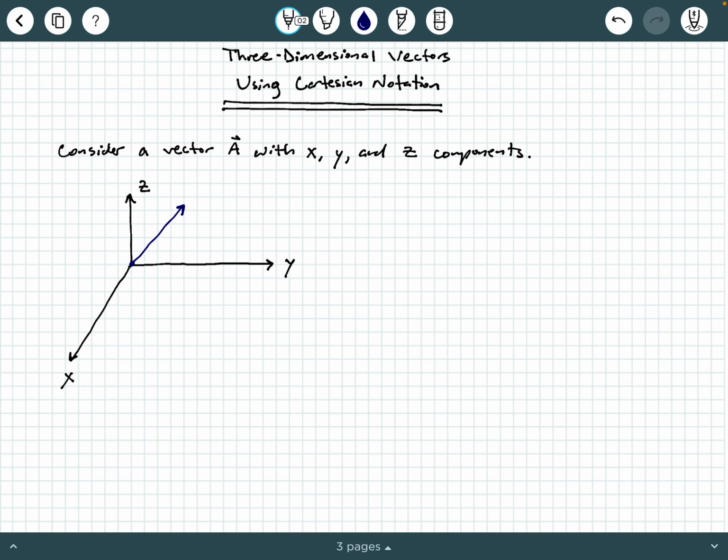Now, how is this going to look like it makes some kind of sense in 3 dimensions? Well, let's call this vector A and give it a name here. So what we're going to do to show this in 3 dimensions is first, I'm going to show its projection down on the XY plane, okay? So what I'm going to do to help me visualize this is at the head of this vector, I'm going to draw a dotted line down here to a point on the XY plane, okay?